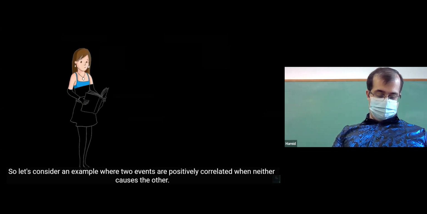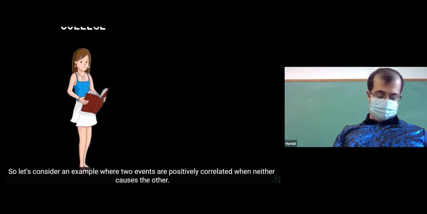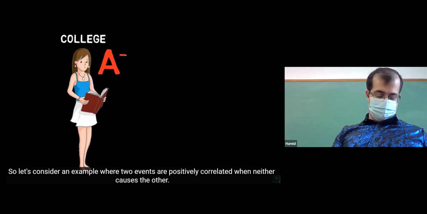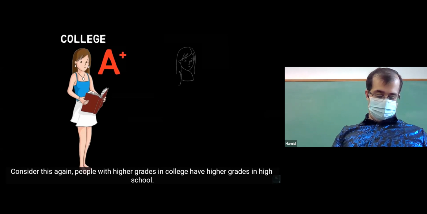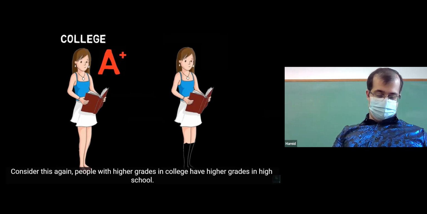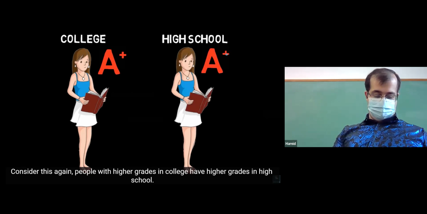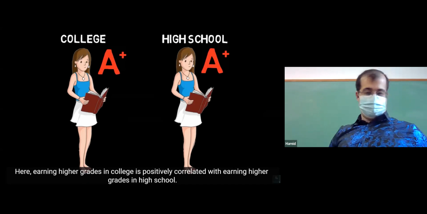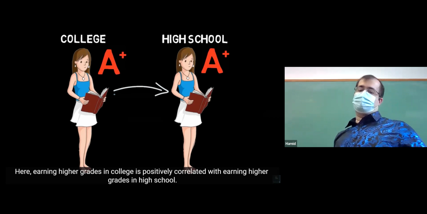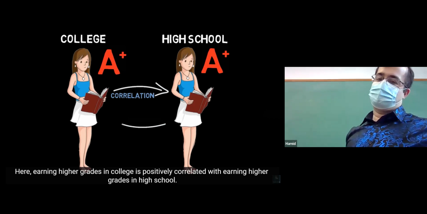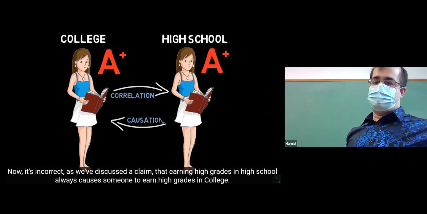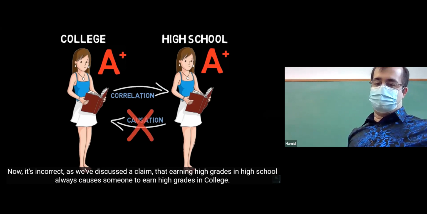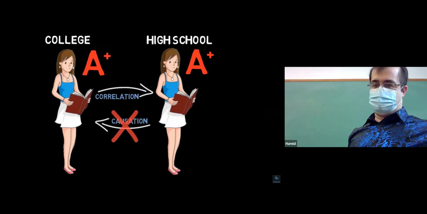So let's consider an example where two events are positively correlated when neither causes the other. Consider this again. People with higher grades in college have higher grades in high school. Here, earning higher grades in college is positively correlated with earning higher grades in high school. Now, it's incorrect, as we've discussed, to claim that earning high grades in high school always causes someone to earn high grades in college.